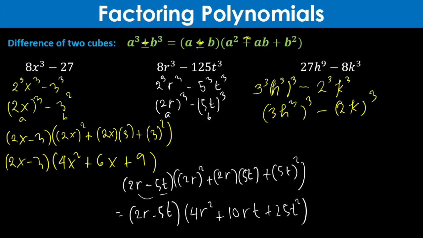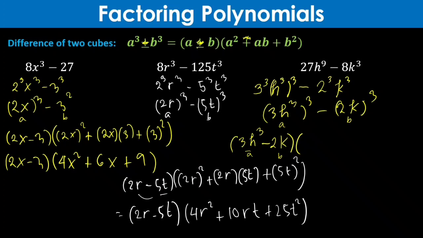We can now use the formula where our a is 3h cubed and b is 2k. This is now 3h cubed minus the b, which is 2k, and then the second factor, the square of our a, this is our a, and this is our b.